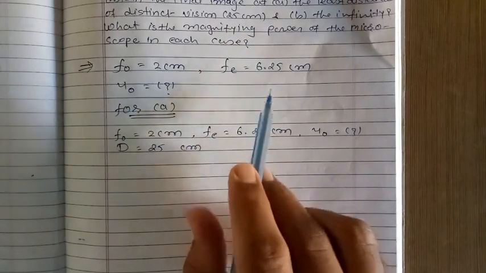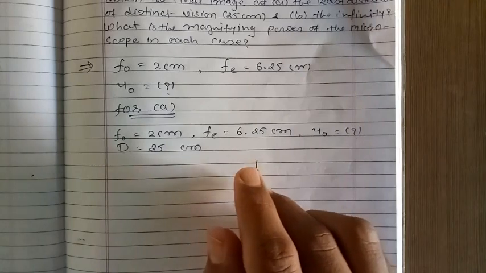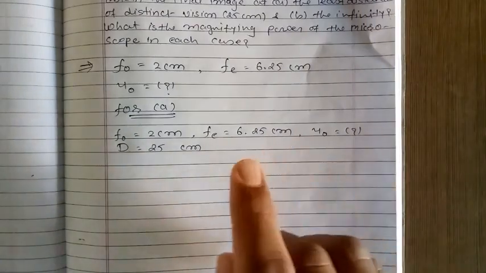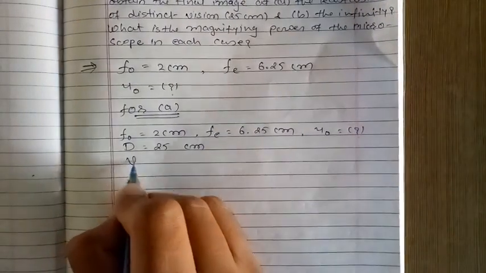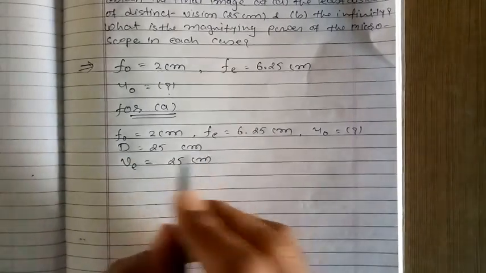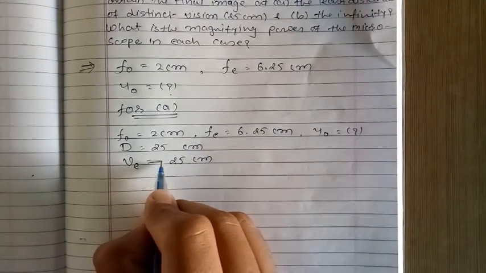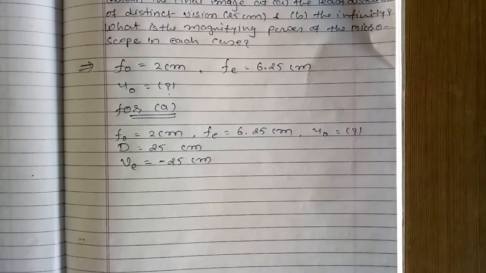This image is due to the eyepiece, so the image distance VE is 25 cm, but the image is on the left-hand side, so it is minus 25.